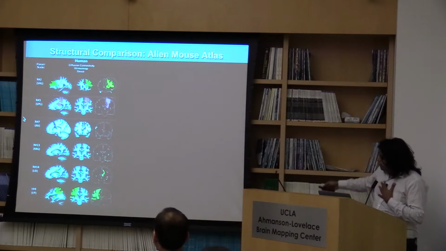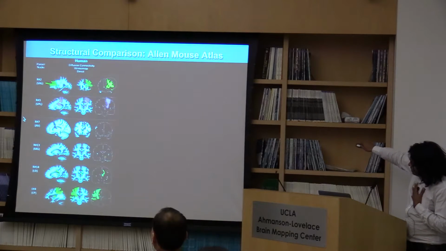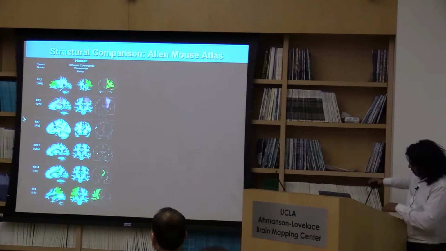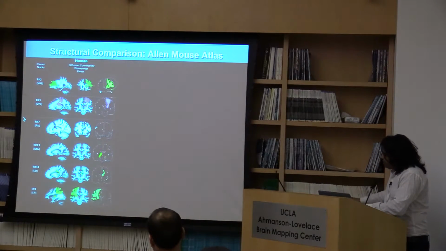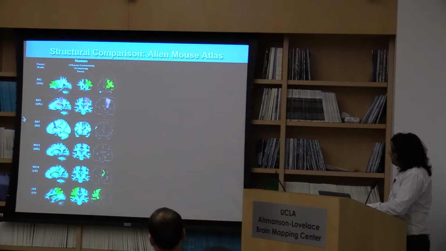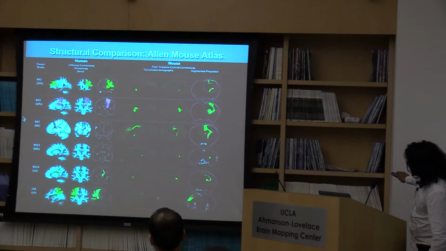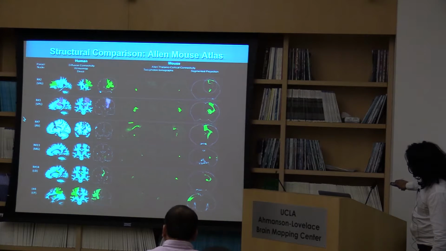And on the left, you see our parcels and their structural connectivity results on the sagittal and coronal view and in the glass map projection. And you can again see that they project to different cortical areas. If we now compare our results with the Allen mouse connectivity atlas, then we see that a remarkable convergence exists between our structural connectivity maps and the Allen mouse connectivity maps.